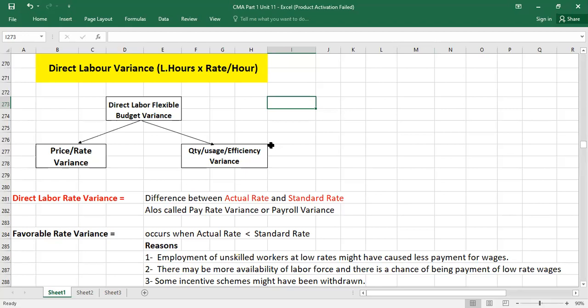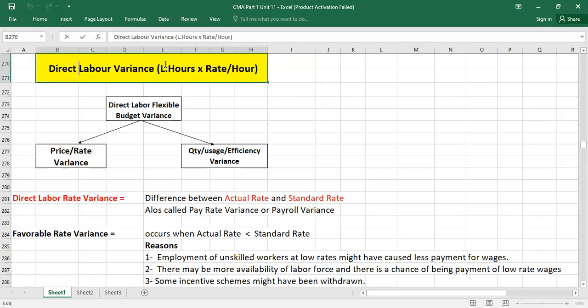As we know, if you want to calculate the cost of any product, we need to write their labor cost. And how do we work out the labor cost? We need labor hours, and we multiply with the rate for each hour. So that is why the variance could arise either due to change in hours or due to change in rate for each hour.